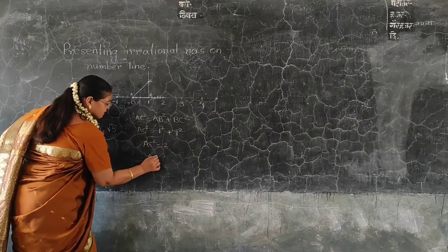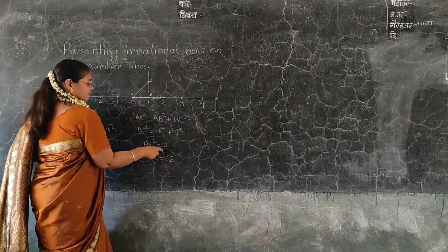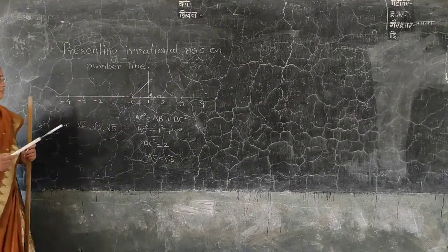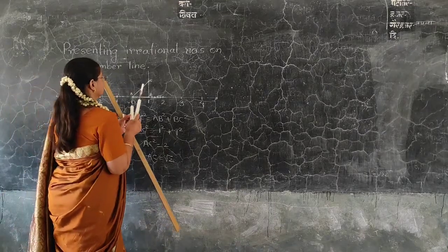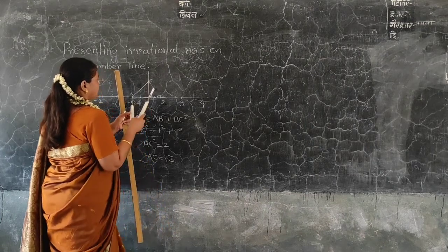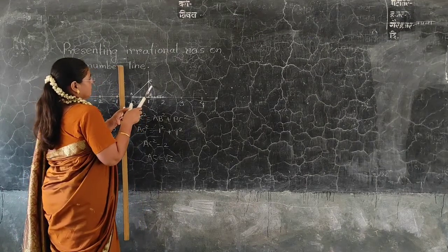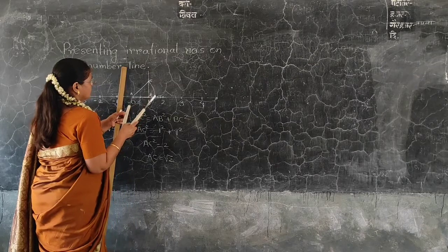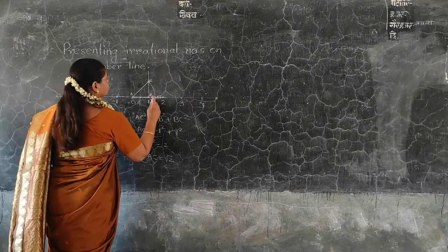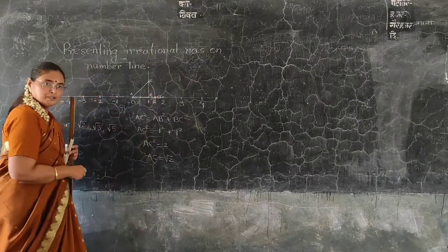Taking square root, the distance AC is root 2, and we will take this distance AC and mark R on the number line, so we can place root 2 here, the position of root 2 on the number line.